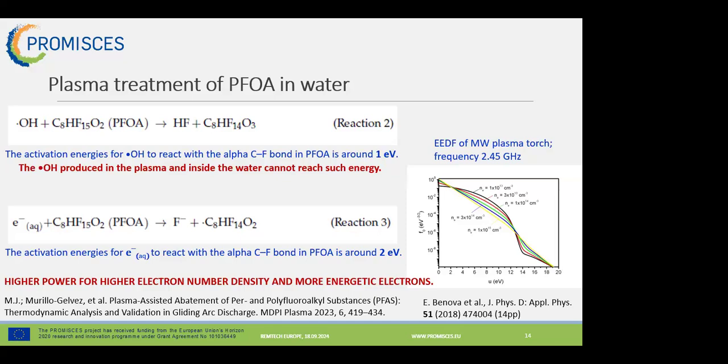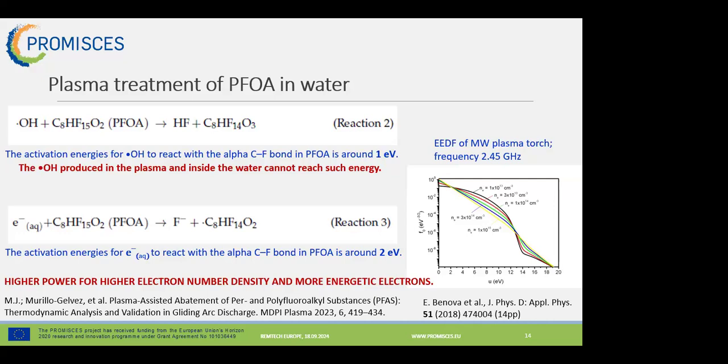The problem is that these electrons are not in the plasma, but in the liquid. So we don't know the energy of the electrons inside the liquid. But by increasing the energy of these electrons in the plasma, we can expect that the energy in the liquid will also increase, and we have this reaction possible.